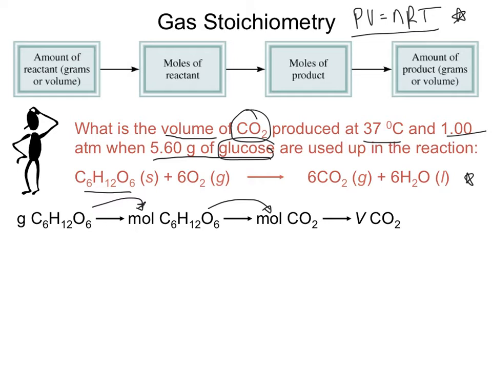So we start with 5.60 grams of glucose. I'm just going to write it like that. In order to go from grams to moles of glucose, we're going to divide by our molar mass.